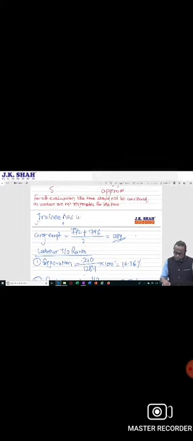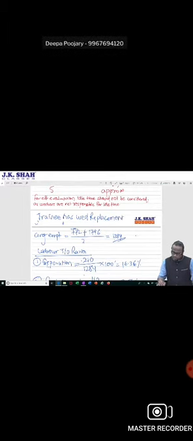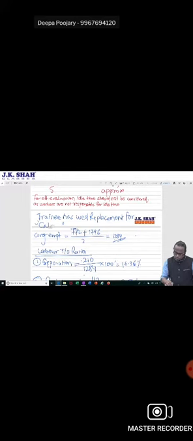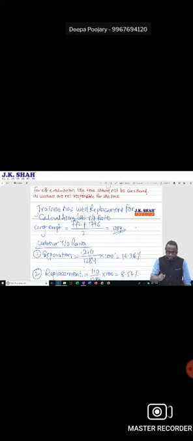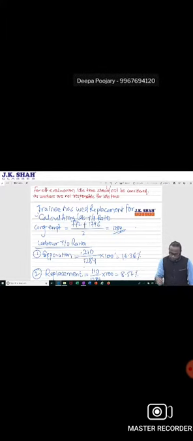Trainee has used replacement for calculating labor turnover ratio. Please excuse me for the handwriting. It is jumping right now. I don't have an option. Trainee has used a replacement for calculating labor turnover ratio by flux method.